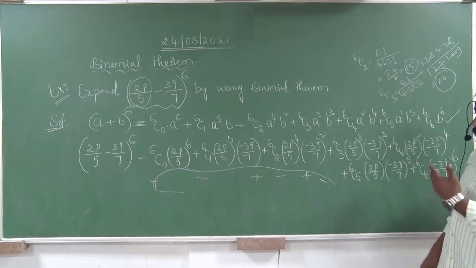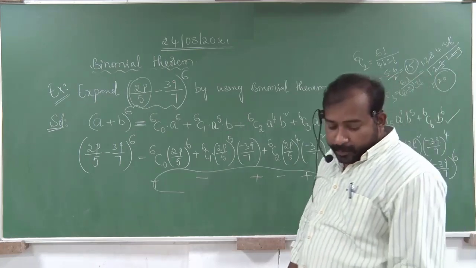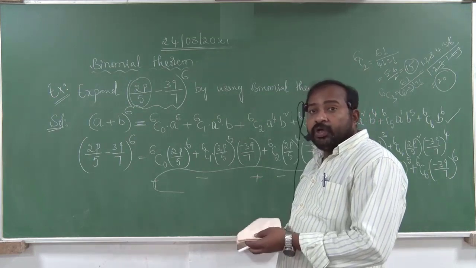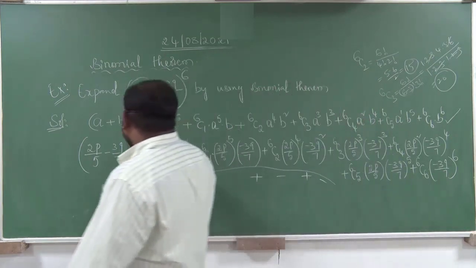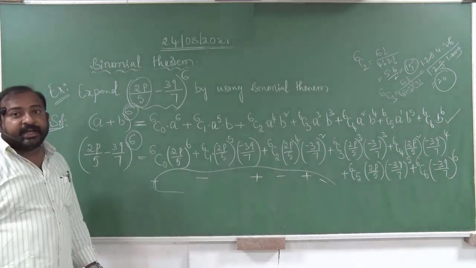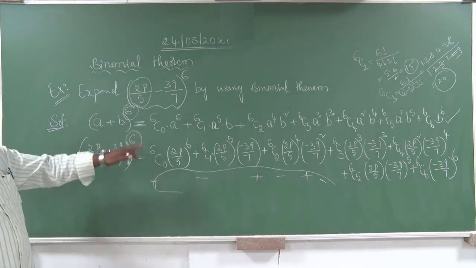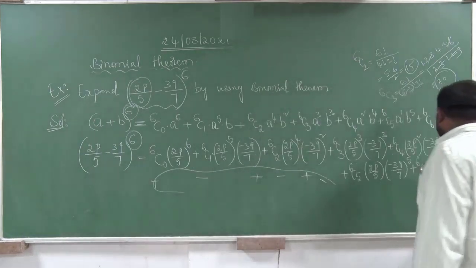Replace the values, simplify, and you will get the answer. This is the binomial theorem for positive integral index. Positive integral index means the power value is always a positive integer. For positive integral values we do these expansions. Okay, I hope this is clear.